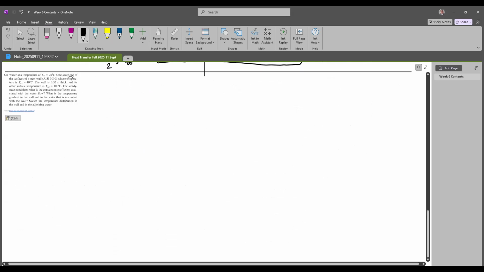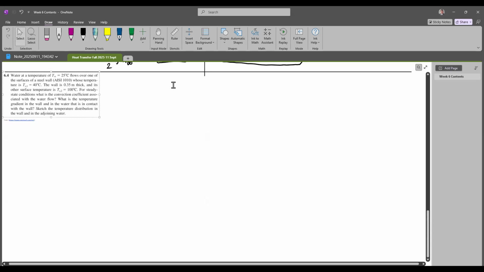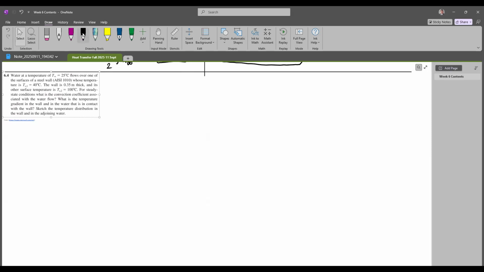I have a little bit bigger. Yes. And a straight line vertically as well.